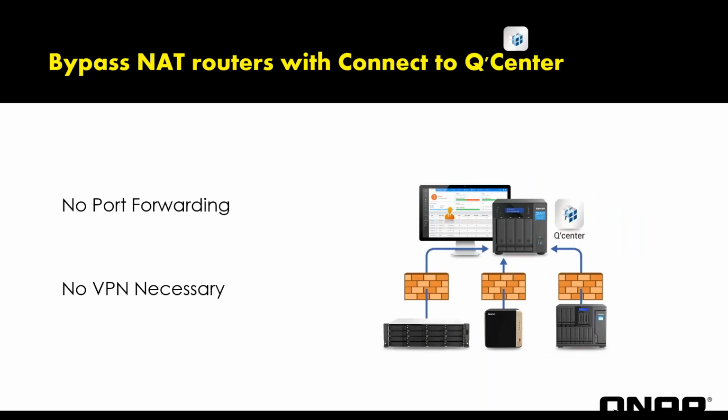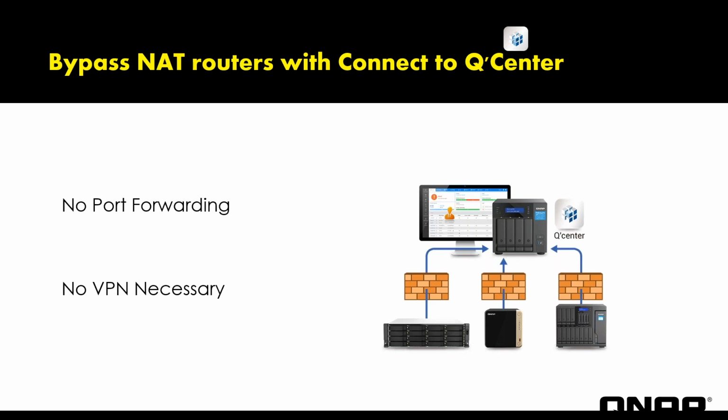For security reasons, QCenter does not require port forwarding or VPN. You can access the customer's QNAP NAS for monitoring without having to open any ports. We now support QLink to access your NAS remotely from the customer's location.